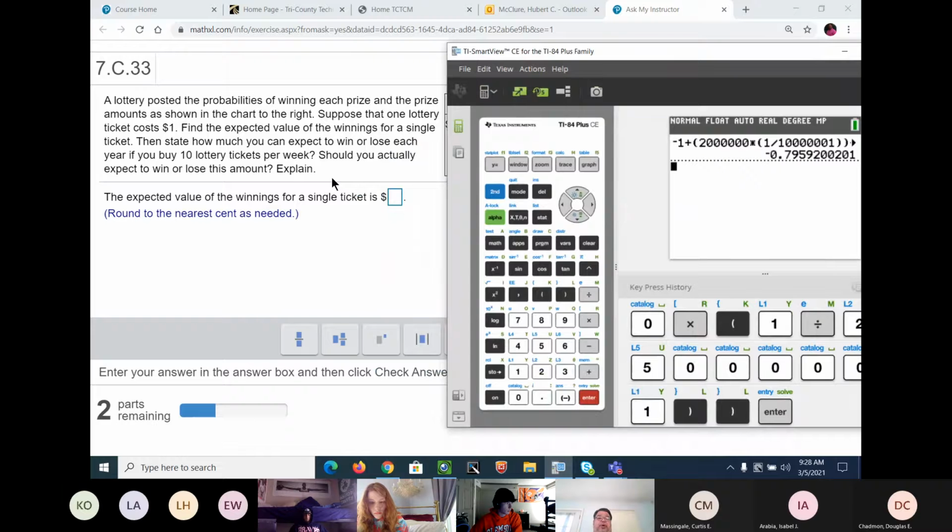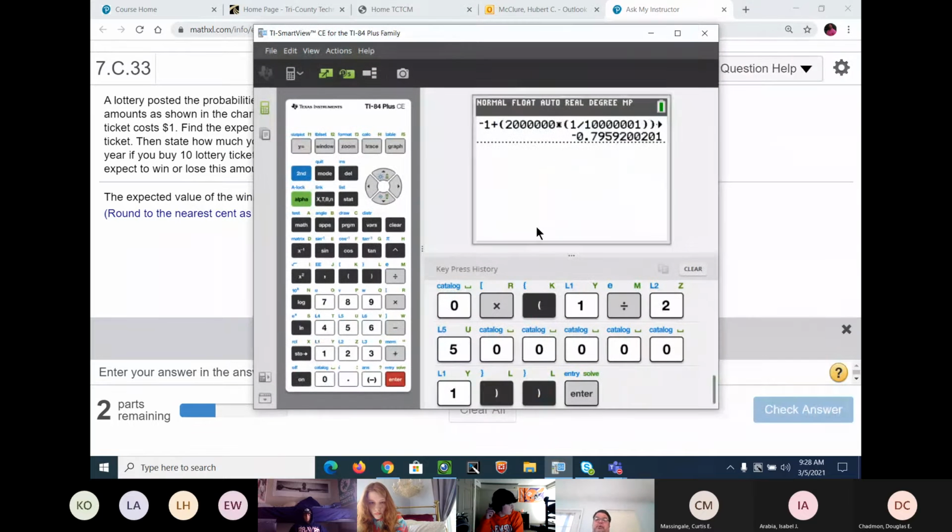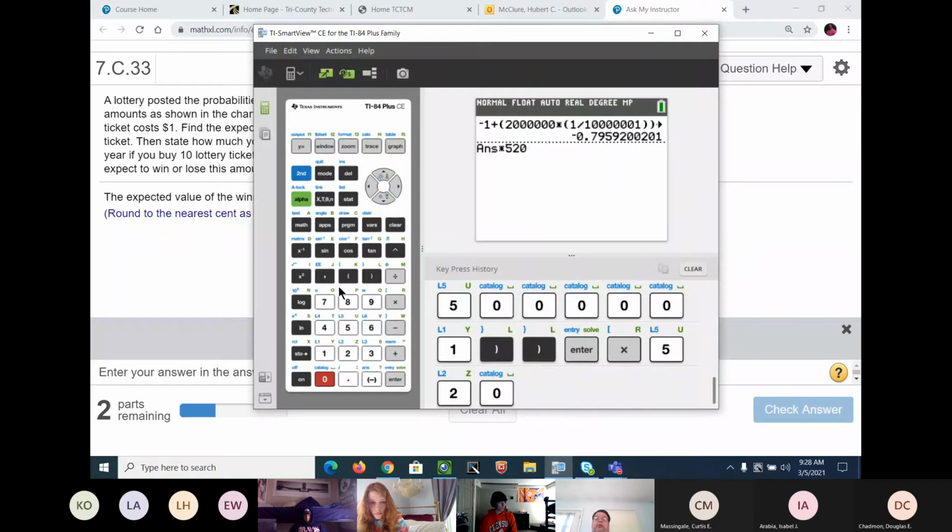What is 10 times 52? 520. Yeah, you're going to multiply 520 times that expected value. So that's 520 tickets. Negative, that means you ain't going to win.